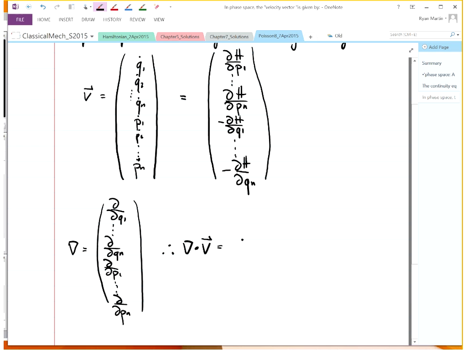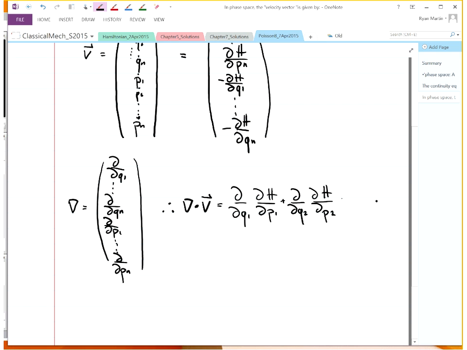The first term is going to be ∂/∂q1 multiplied by ∂H/∂p1. The second term will be ∂/∂q2 times ∂H/∂p2.